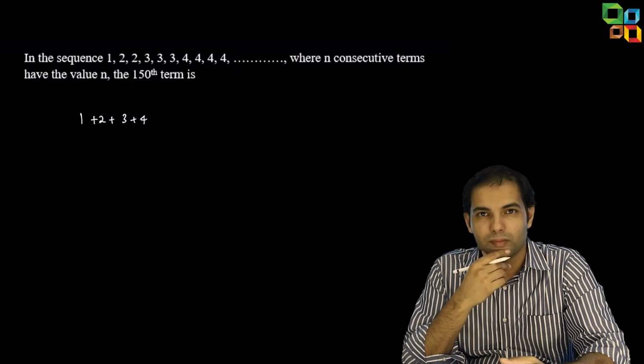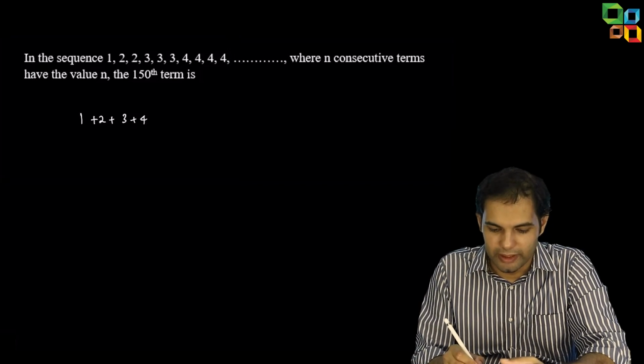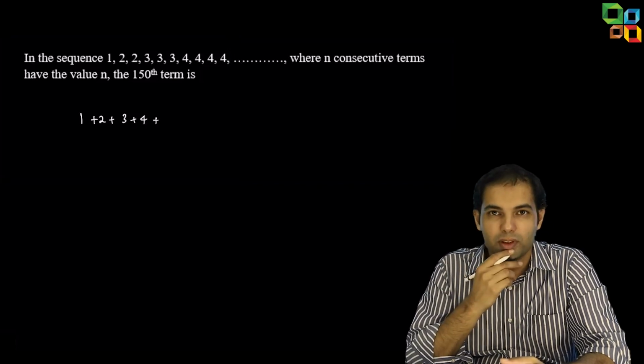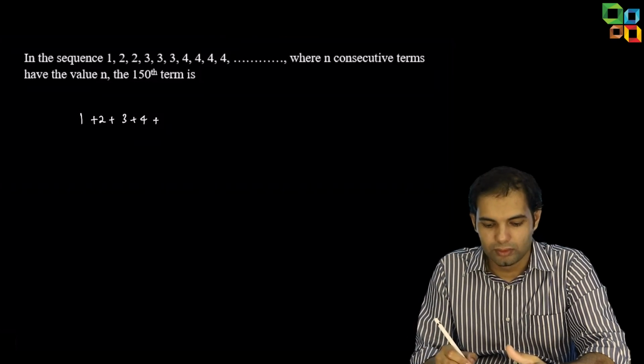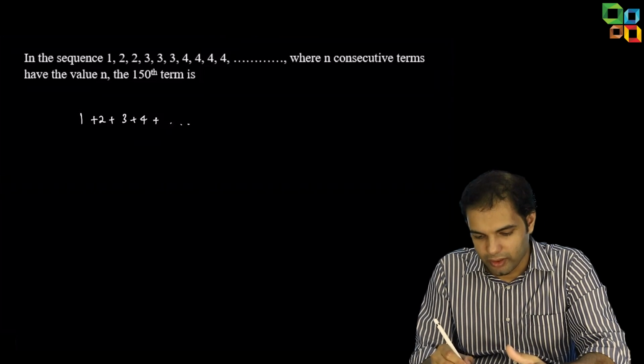I added those terms, 1 plus 2, till plus. Where did you add? Till where did you add? I think I did it till 150, I guess. No, I took it as n. You took it as n.